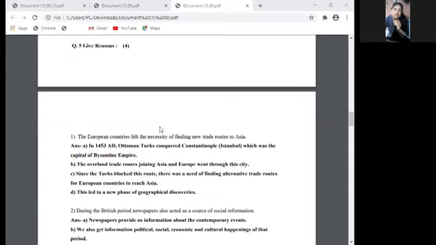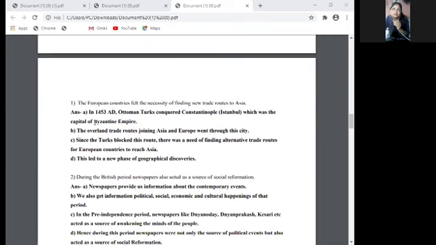Give reasons consists of 4 marks, that is 2 marks each. You will have to write at least 4 points for 2 marks. So the first one is, in 1453, Ottoman Turks conquered Constantinople, which is Istanbul, and which was the capital of the Byzantine Empire.